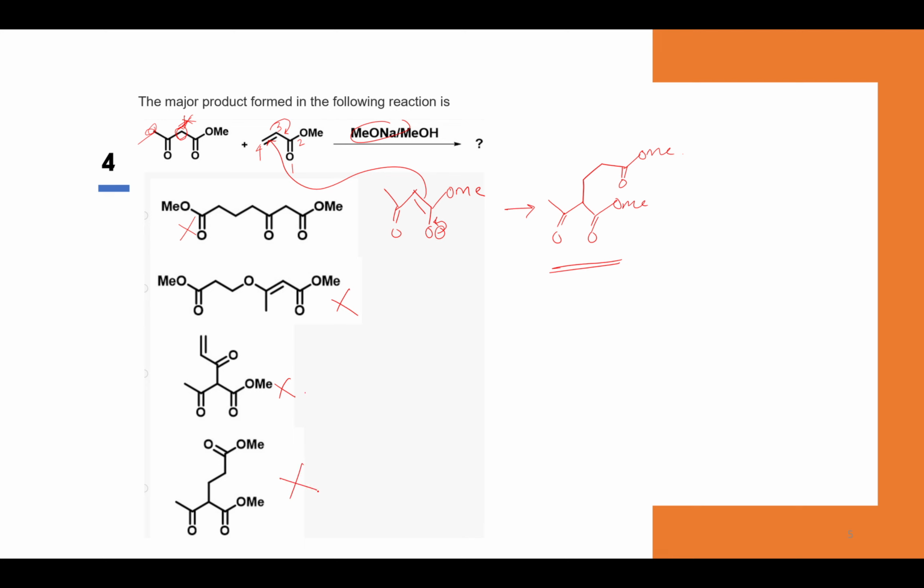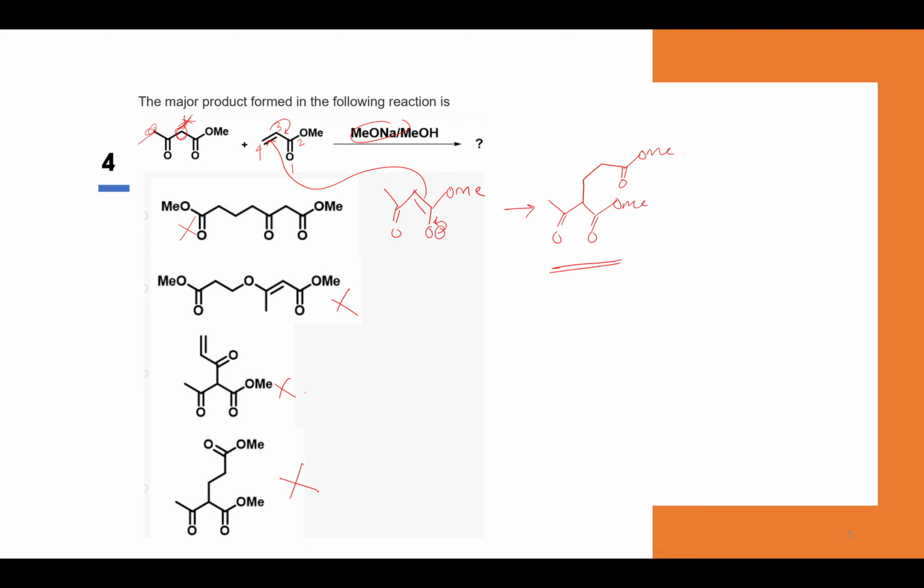So which one is the acidic proton, the most acidic proton in this case? Because sodium hydroxide is not a bulky base, it can take the proton from the more hindered side also. But if we are talking about the acidic proton, talking about the pKa value, we have this one and this one.